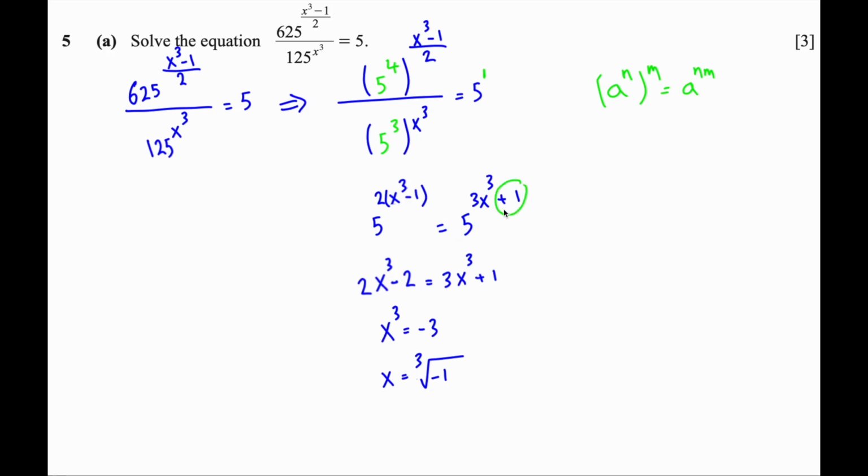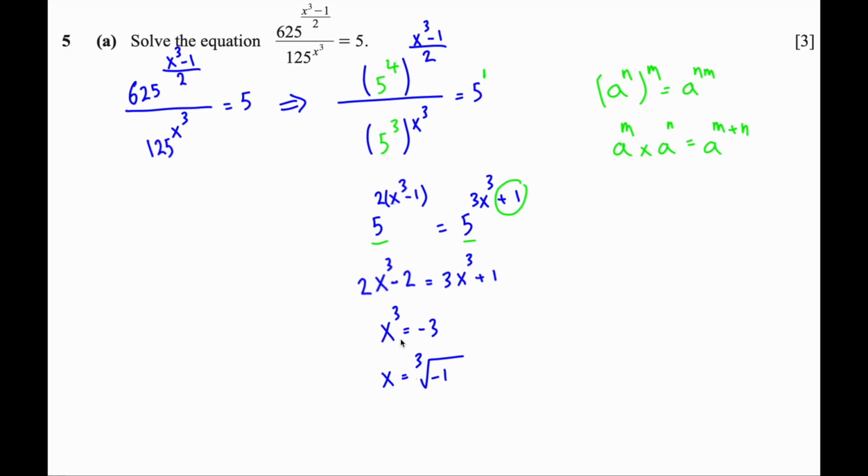However, don't forget here you should add the powers because you're multiplying two numbers with the same base but different powers. So it should be +1 and not −1. And once you get to this point where the bases on both sides of the equation are the same, you can put the powers equal to each other, and obviously that's a cubic equation.